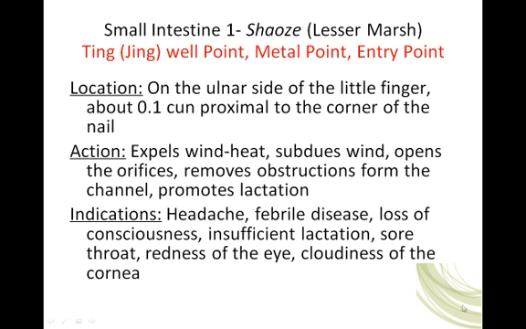And that could be one explanation as to why this point has an effect on insufficient lactation, as do other points of the channel. Small intestine 1, small intestine 2, small intestine 11, all have an effect on lactation and disorders of the chest. And I suppose it could be ascribed to the pathway of the channel.